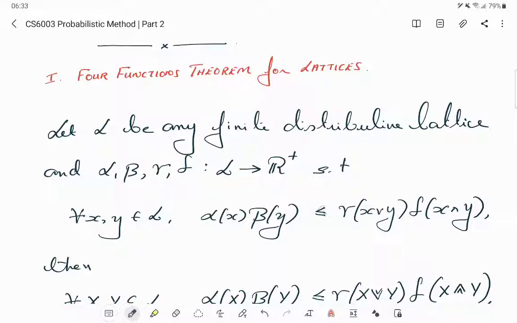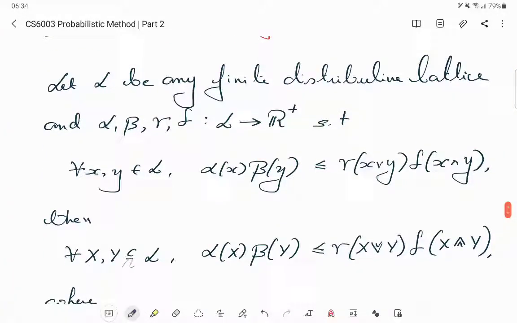This is in accordance with the four functions theorem, and hence the conclusion will also hold: the same inequality remains true if you overload alpha, beta, gamma, delta to act on collections of points in the lattice instead of single points, with the join and meet replaced by the appropriate pairwise join and pairwise meet operators for the collections.